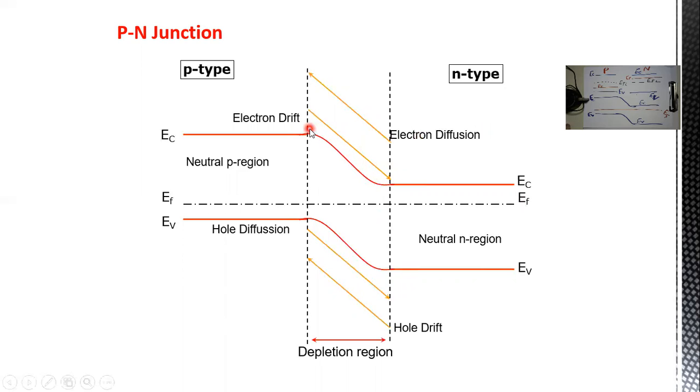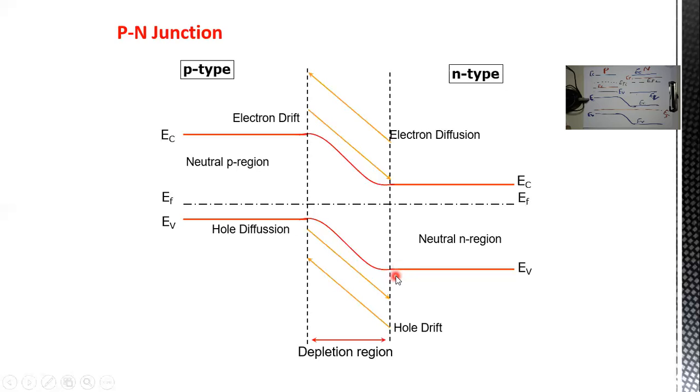If there is an electron here, where I'm pointing my pointer, this electron will drift and move there, because this state has lower energy than this state.